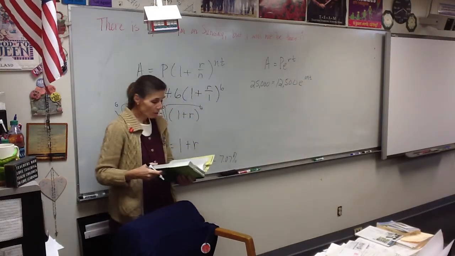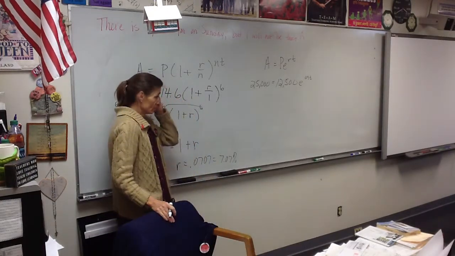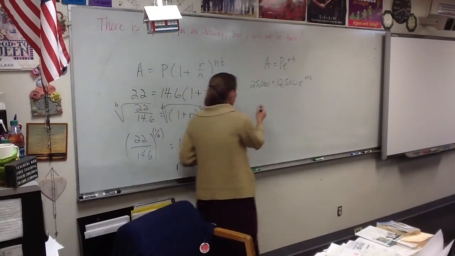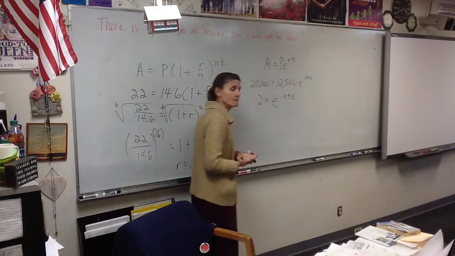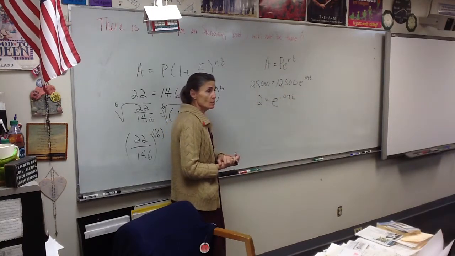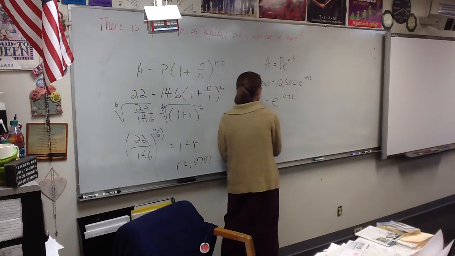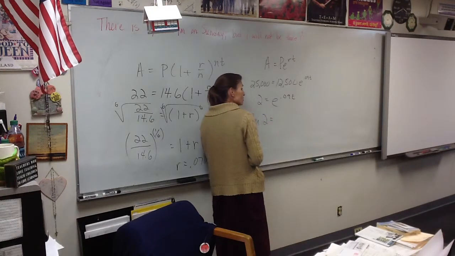Time to double: how long does it take me to double my money? What do I do first? Divide. I get 2. Do I need logarithms? Yeah. Since this problem has an e in it, I'll just use the natural logarithm. What happens when I take ln of e to the 0.09t?